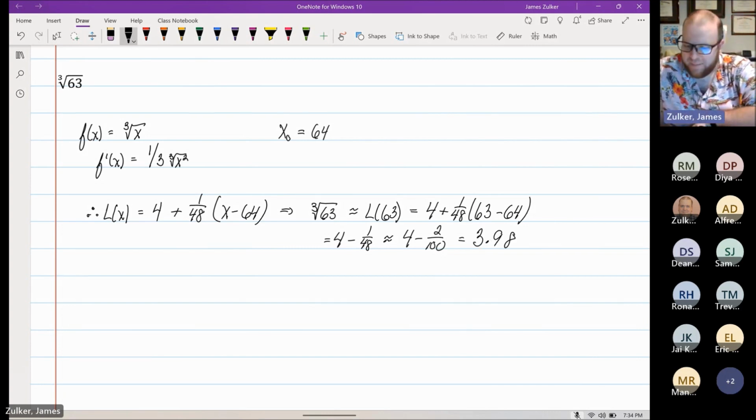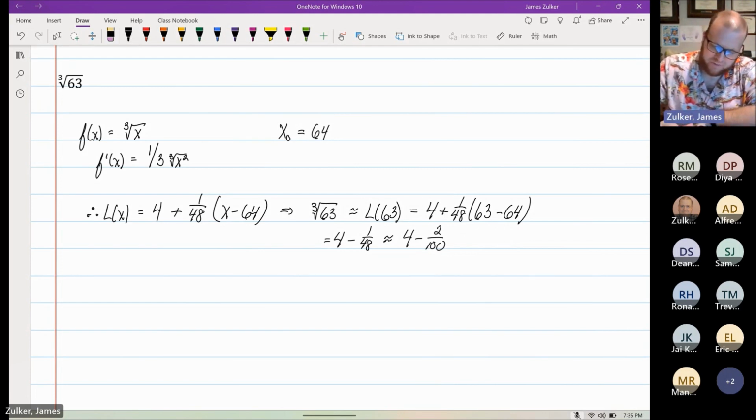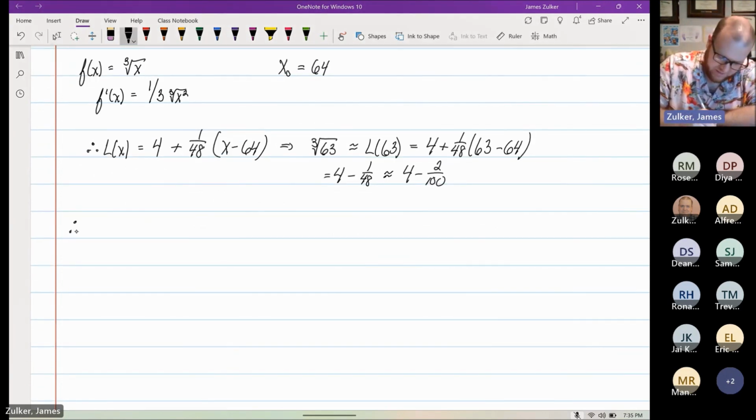Which is what, 3.98 about? I don't know why I wrote that there. So let's say cube root of 63 is about 3.98.